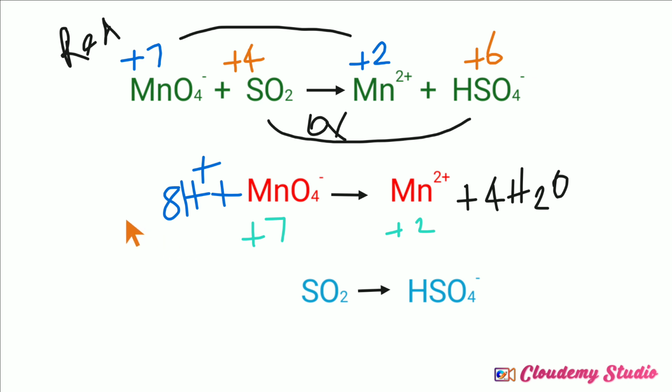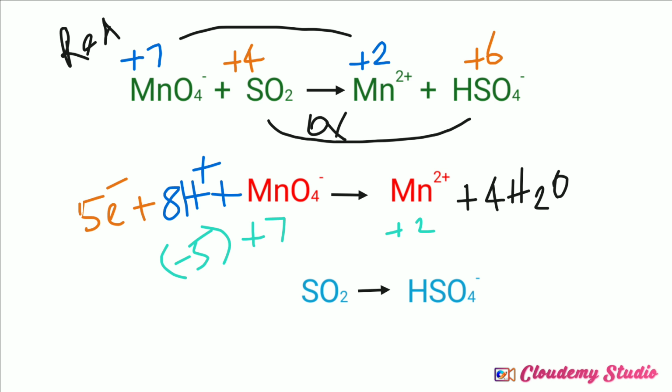We need to add 5 electrons, as -5 plus 7 will become +2, so the charges will be equal on both sides. Therefore, we add 5 electrons to the left hand side of the equation.